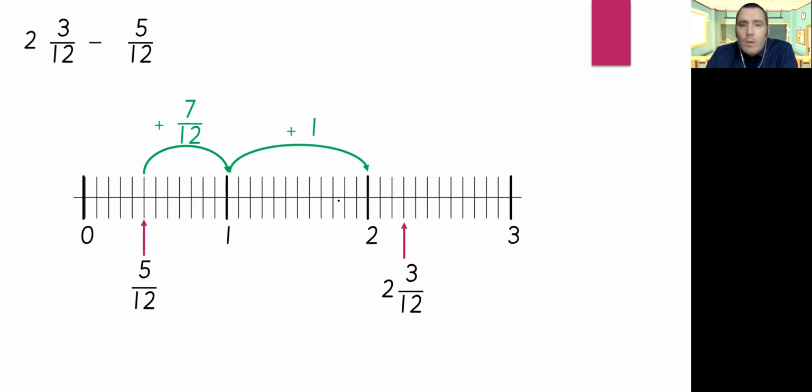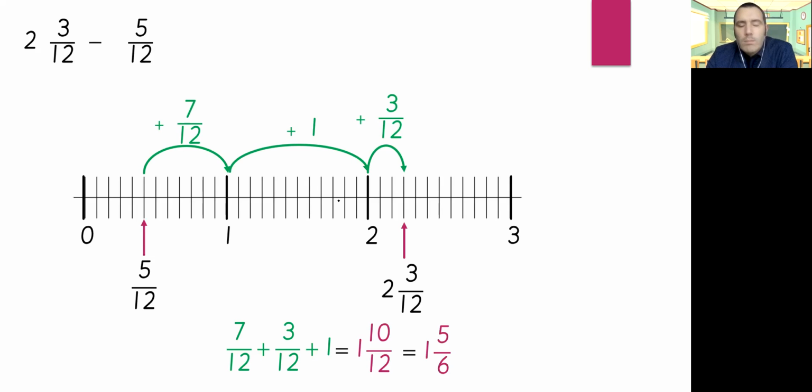I have 1 whole to get me from 1 to 2. And then I have 3/12, which gets me from 2 to 2 and 3/12. And then I add them all together. 7/12 plus 3/12 plus 1 gives me 1 and 10/12, or 1 and 5/6.